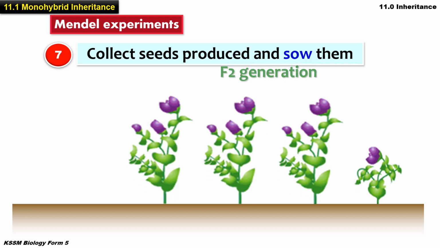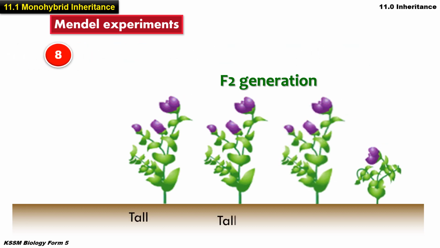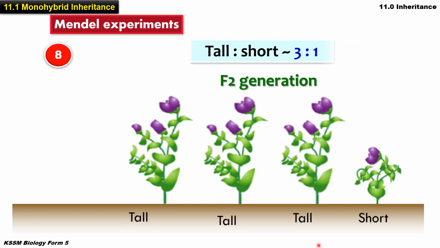But for this second filial generation, Mendel noticed that bukan semua tinggi. Only around 3 to 1. Dia punya ratio, 3 tall, 1 short. So this is the F2 generation. Boleh faham tak?